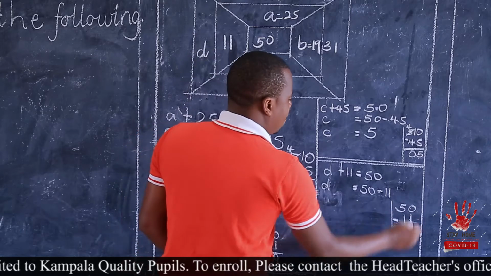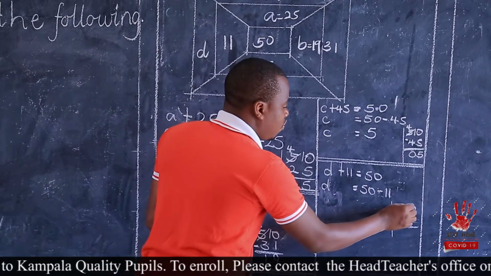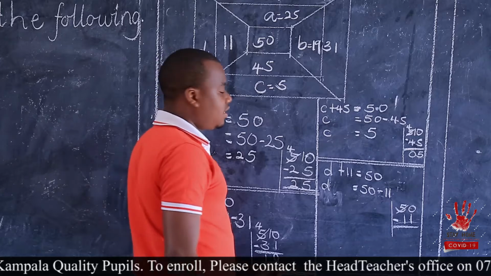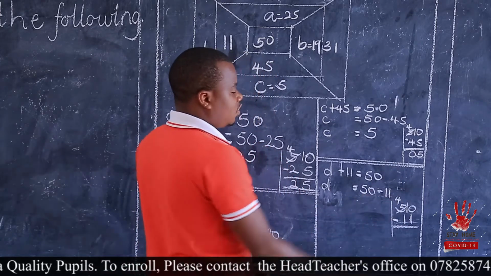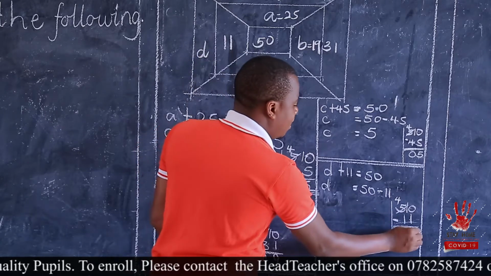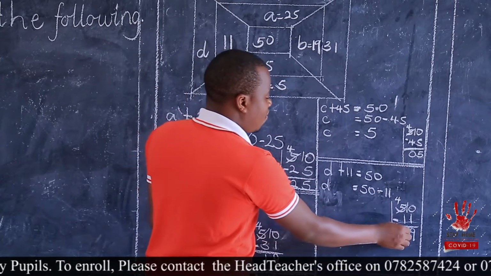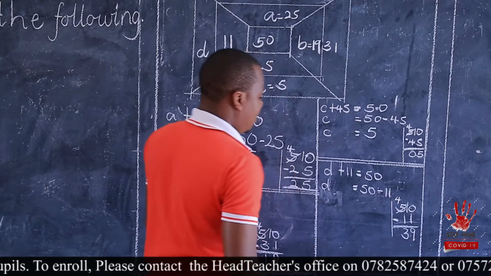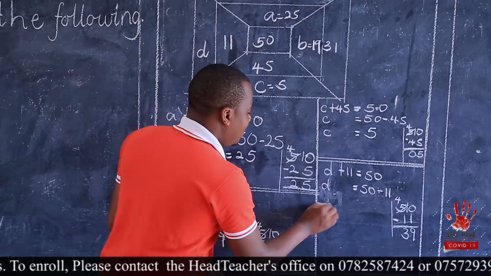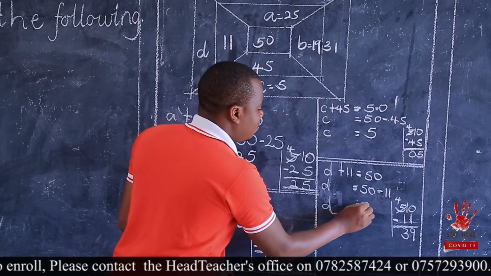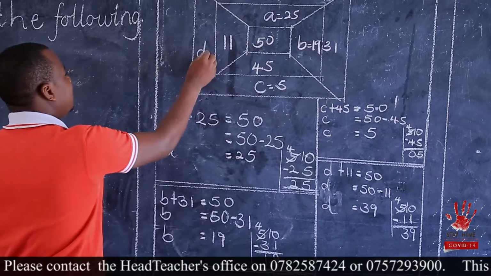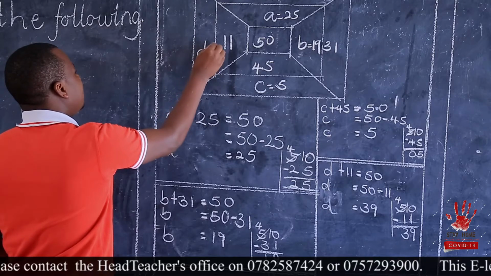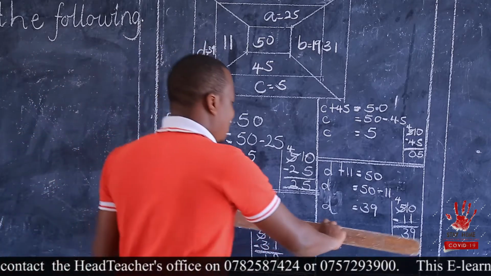What is 0 take away 1? 0 is small, so we regroup the next number, right? We are going to remain with 4 and take 10 here. So what is 10 take away 1? 9. Then 4 take away 1 is 3. Meaning D equals 39. So I come here and say D equals 39 and write it there.